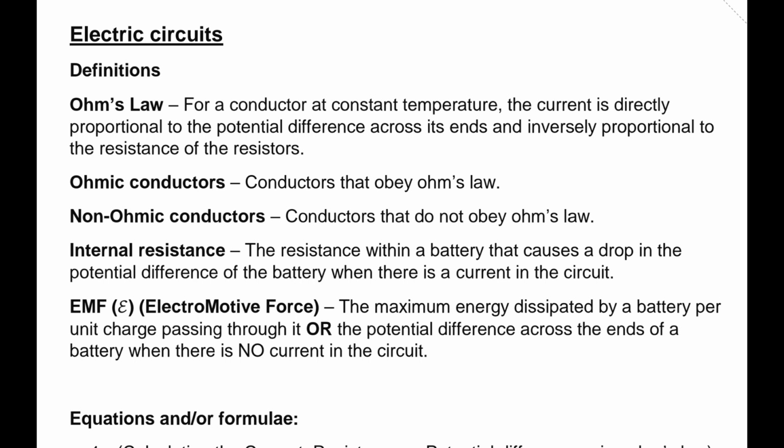But current is inversely proportional to resistance, which means when resistance increases, current decreases, and temperature must be constant. So that is Ohm's law. You gotta know how to use the formula I equals V over R. You'll see when we apply the formula doing previous question papers.